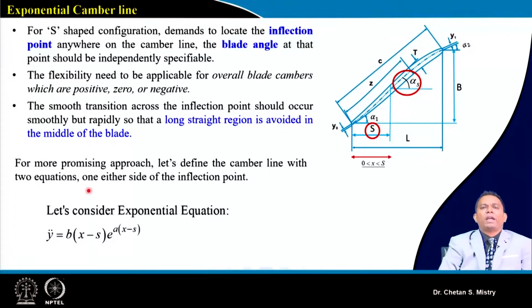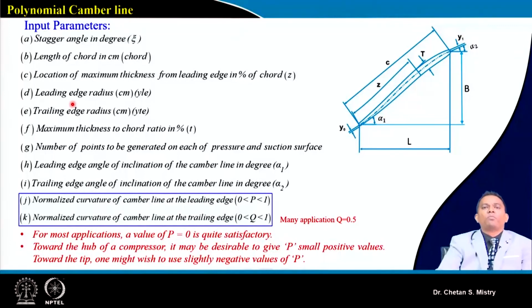Now the second camber line is an exponential kind of camber line. What is happening here is, for a polynomial kind of camber line, we do not have much control in terms of the formation of the curve for the camber line.